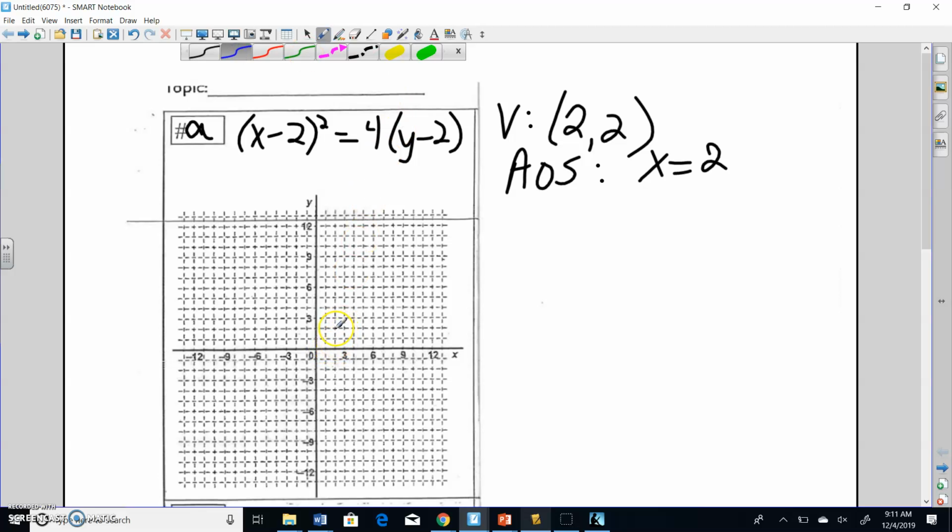Then for our axis of symmetry, you can draw a dashed vertical line that goes through that point. So our graph is going to flip over that line.